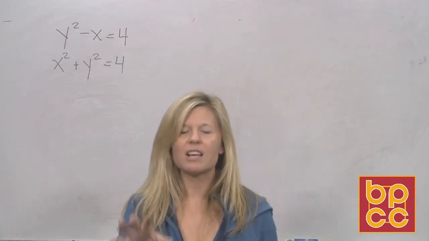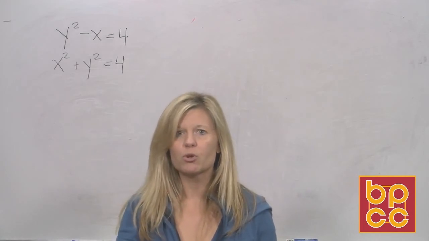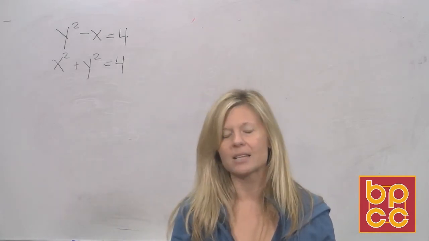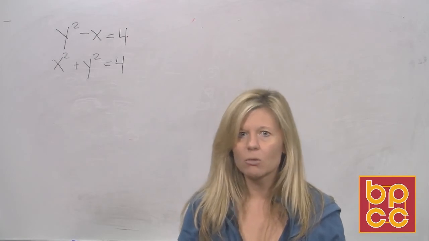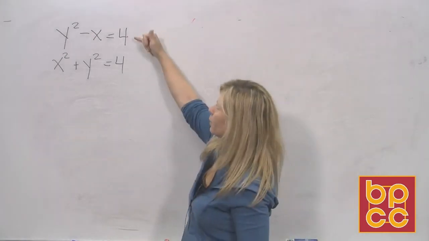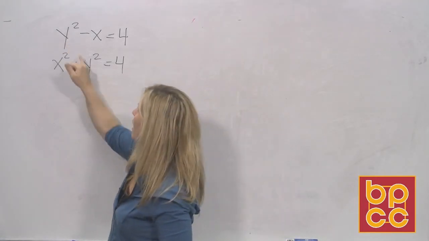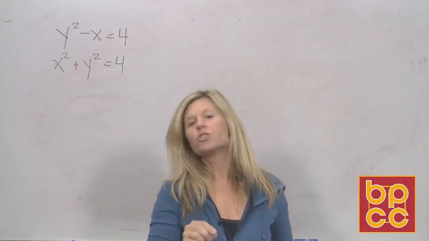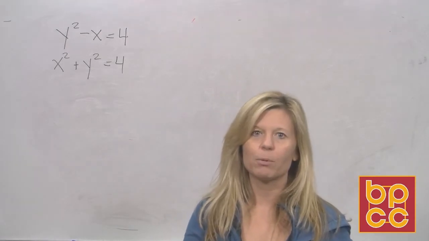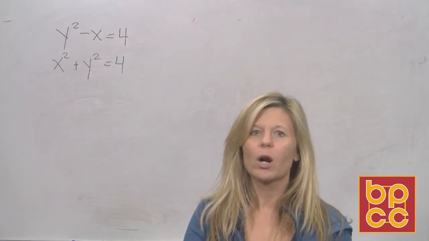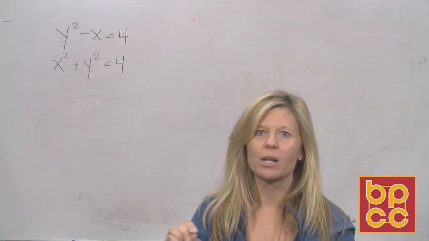I know that you guys have been programmed to, when you do substitution, get x by itself or y by itself. But guys, look closely. What variable do both of these equations have in common? They both have a y squared. So if you were going to do substitution here, that's the variable you would want to isolate. You would want to know what y squared equaled.